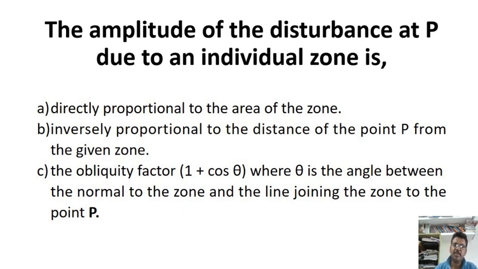Second, inversely proportional to the distance of the point P from the given zone. Third, proportional to the obliquity factor 1 plus cos theta, where theta is the angle between the normal to the zone and the line joining the zone to the point P.